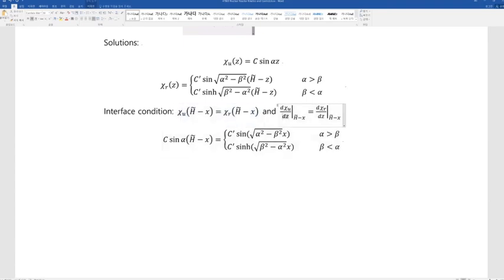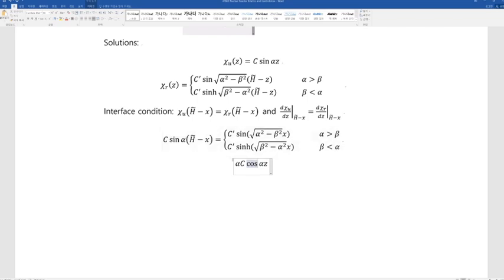And of course, after differentiating chi u and chi r, if we differentiate this, then what we are going to get is alpha multiplied, and then this function becomes cosine.